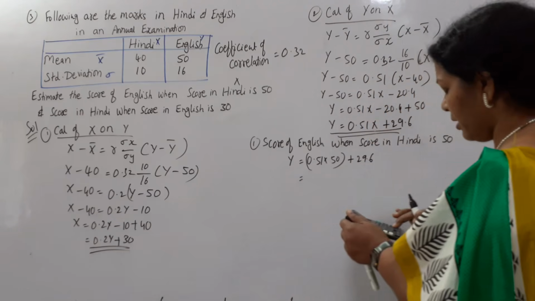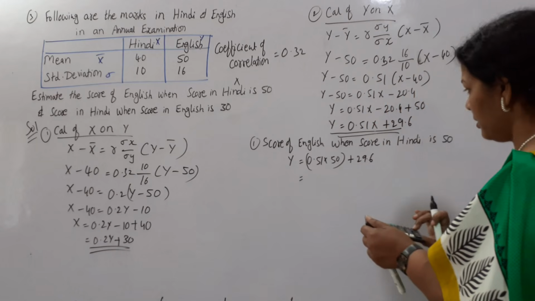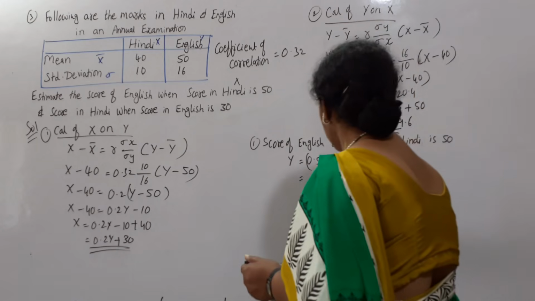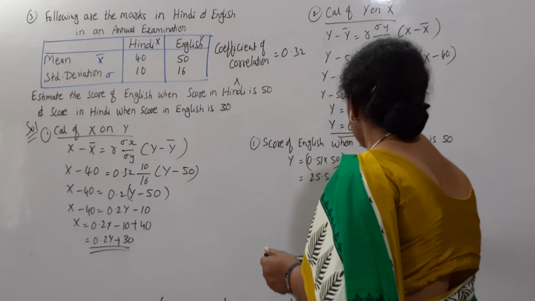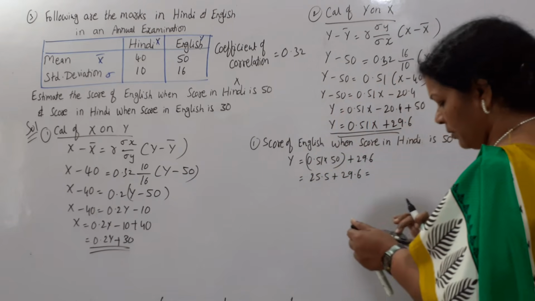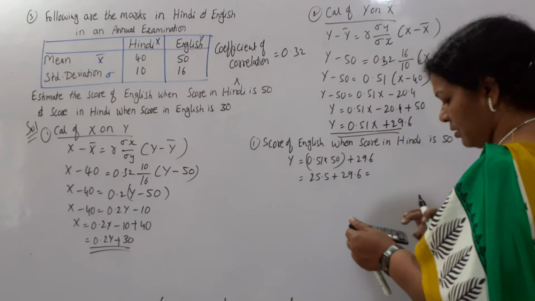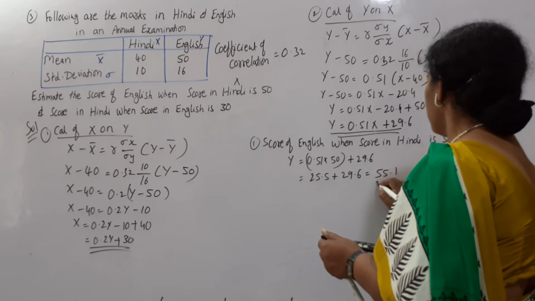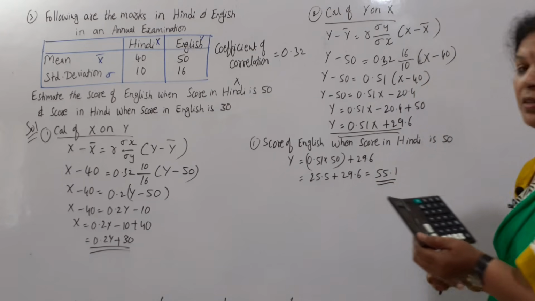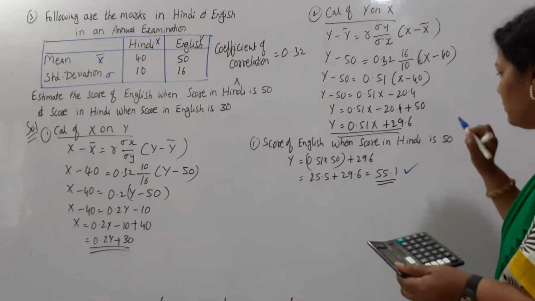Now if we see the calculation, 0.51 into 50 comes to 25.5 plus 29.6. If we add 29.6, we will be getting 55.1. Answer is this one. Score of English when score in Hindi is 50.